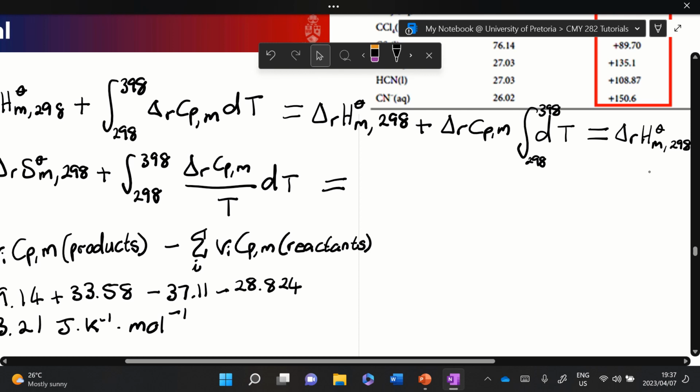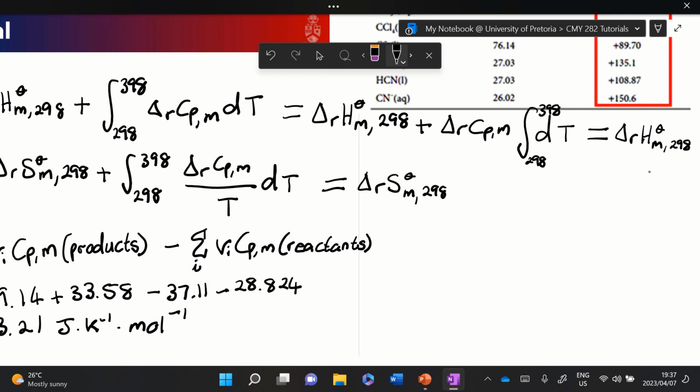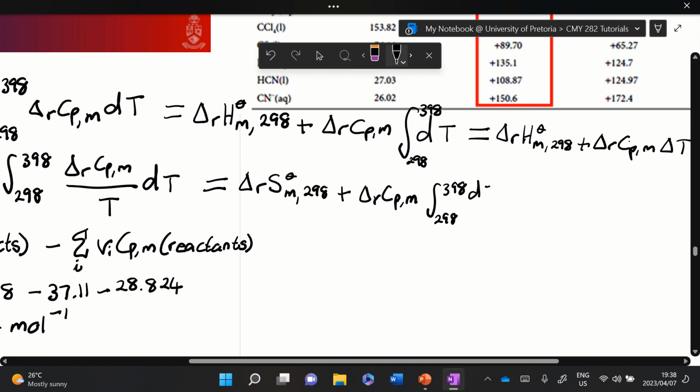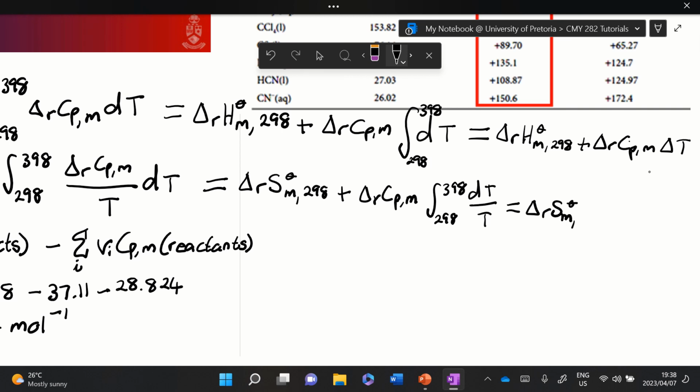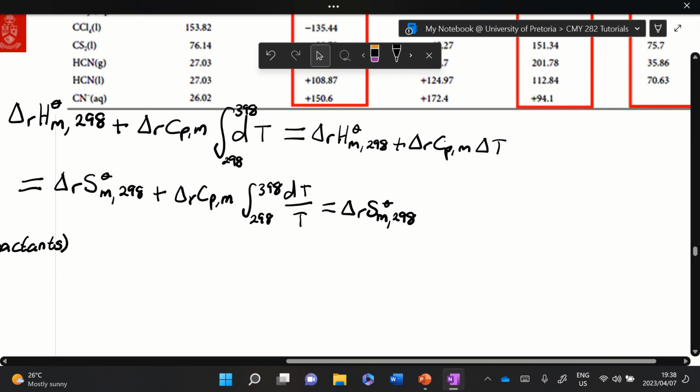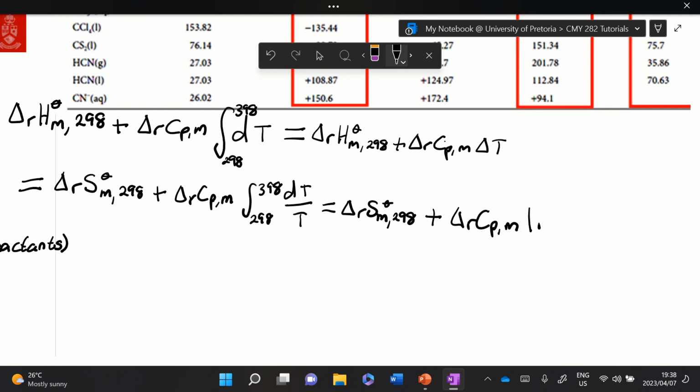and this one becomes ΔᵣS at 298 plus ΔᵣCpm times the integral from 298 to 398 of dT over T, which is ΔᵣCpm times ln of T_final over T_initial, which in this case is 398 and 298.